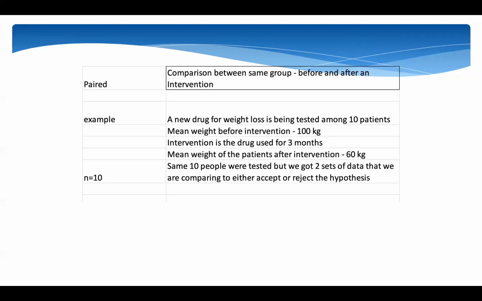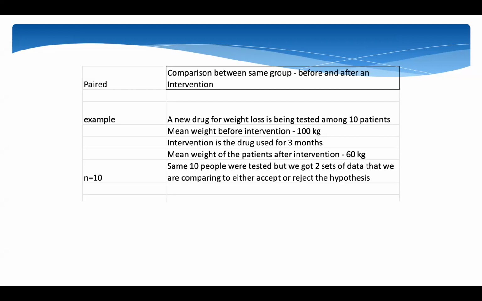Yeah, here. Okay. So just for the same example that I told, I thought I'll just brush it up once again. Paired is comparison between the same group before and after an intervention. For example, a new drug for weight loss is being tested among 10 patients. First, the mean weight before intervention was 100 kg.